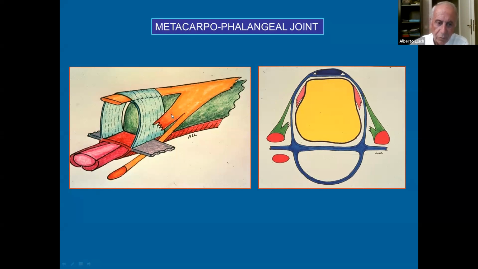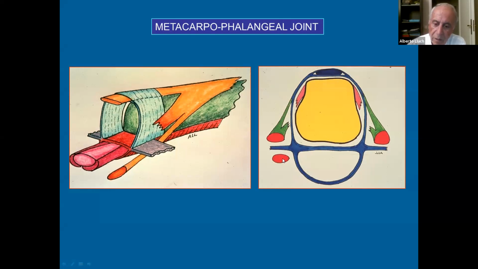This is the intrinsic interossei muscle, which originates in the metacarpal, and this is the lumbrical muscle that passes below the intervolar plate ligament because it originates at the flexor digitorum profundus. Now, in a cross-section, we'll see the metacarpal head in yellow, the extensor tendon on top of the metacarpal head, and the sagittal bands holding it there.